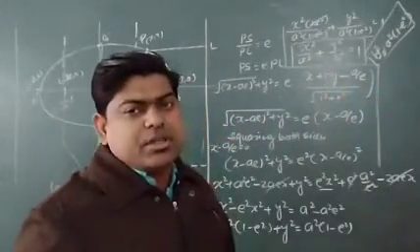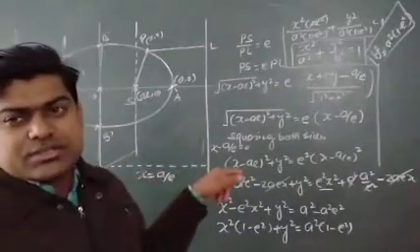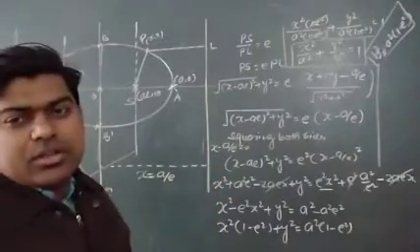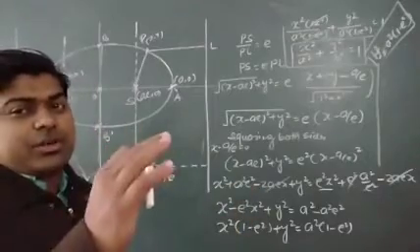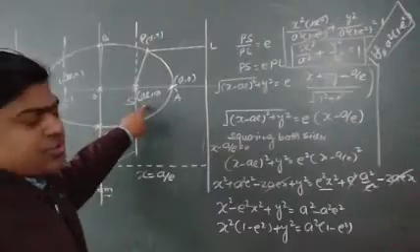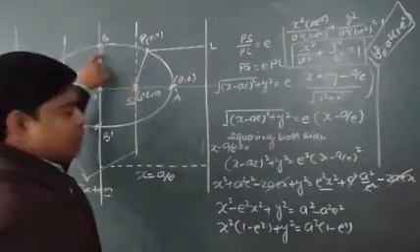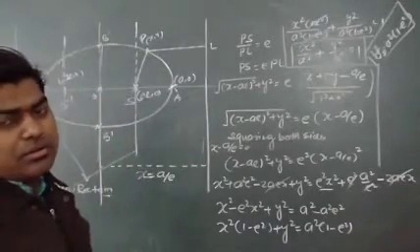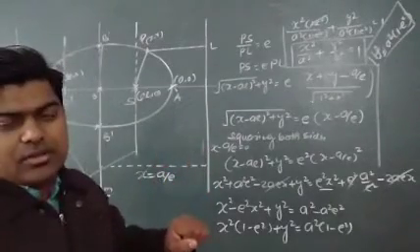Definitely, if a is less than b, we will get a vertical ellipse. If I take a less than b, then I'll get the vertical things and all these things will change. The focus will come on the y-axis, and we will write (0, be). But one more idea is there.